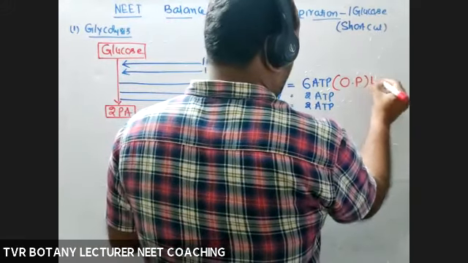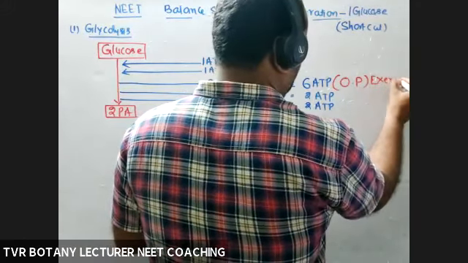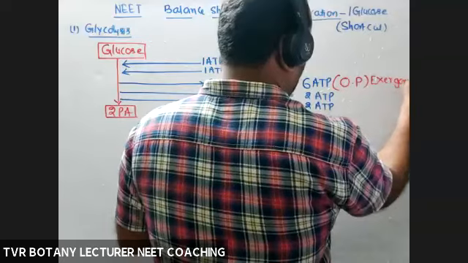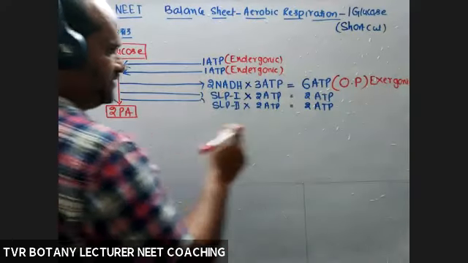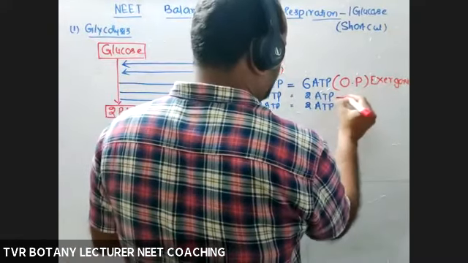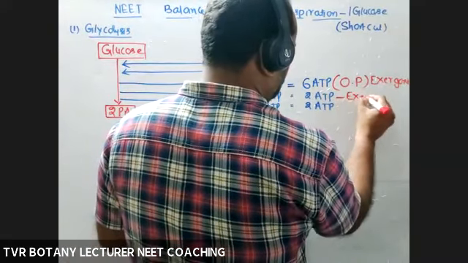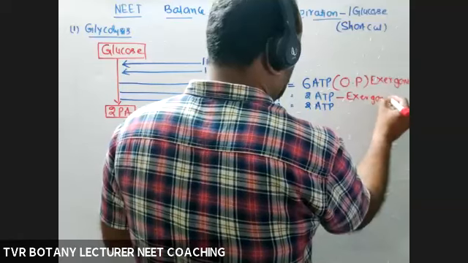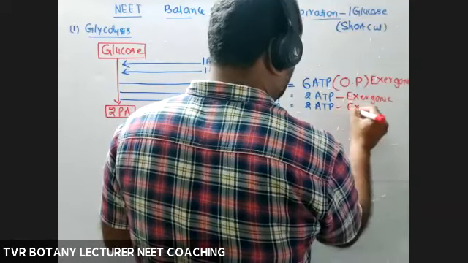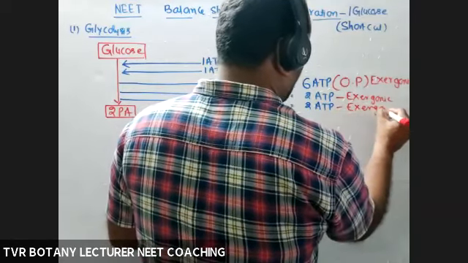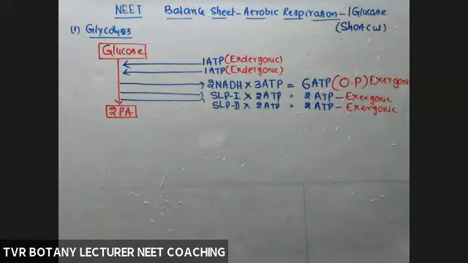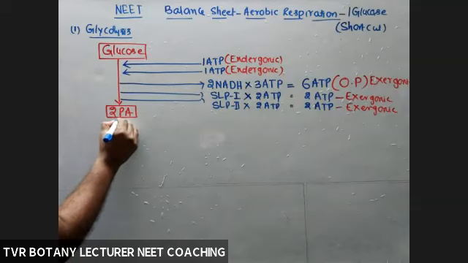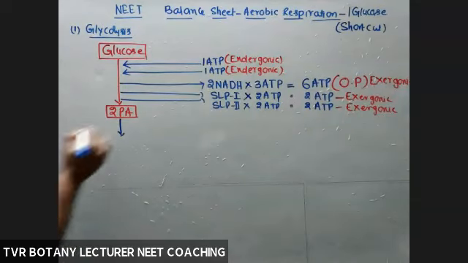So this is an exergonic reaction. This one is not within cytoplasm, within the mitochondrial matrix. Exergonic. Exergonic reaction. Okay, so next one, link reaction within the mitochondrial matrix.